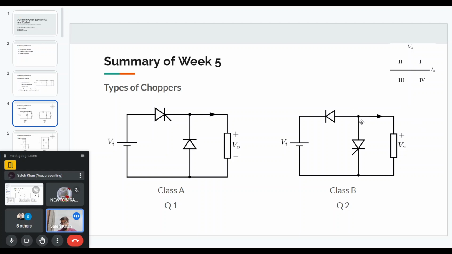But positive current cannot flow. Positive current means current from the positive output terminal to the negative output terminal, which I've shown with this arrow. The arrow shows the positive direction of the current. For class B choppers, positive current is not possible. That is why it is only the second quadrant. So I hope that is clear now.